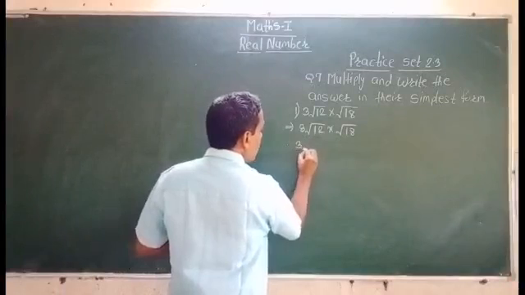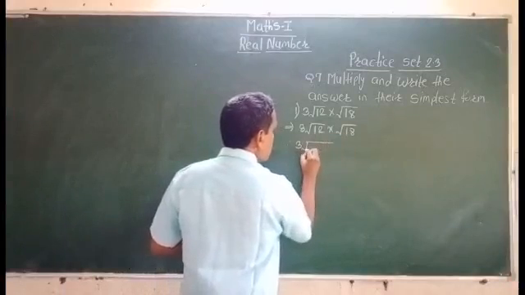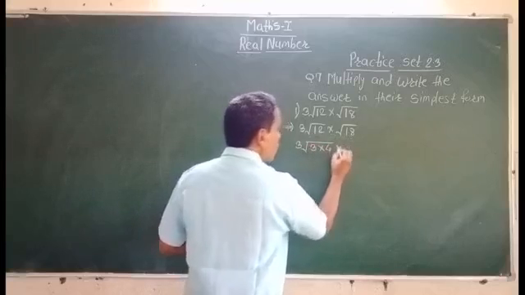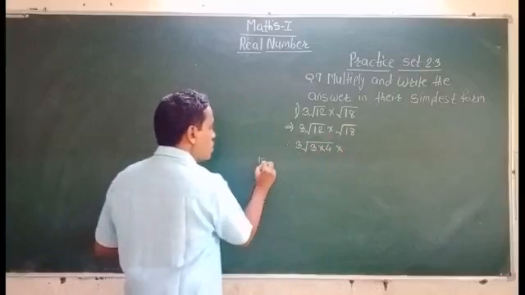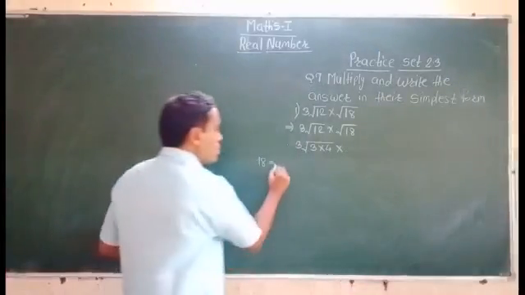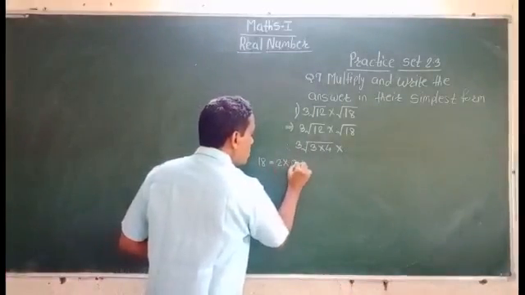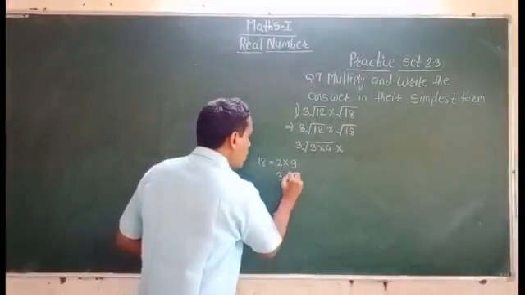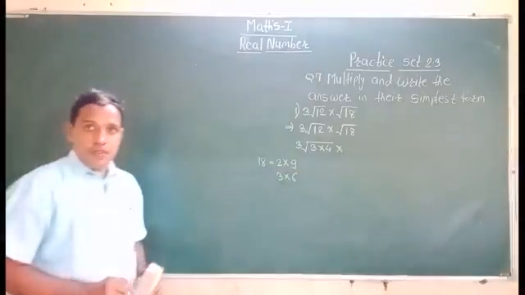Therefore, 3 in bracket is the 3 into 4 into 18. We have also split up that 18 into a two-number product form. So 2 into 9, again 3 into 6.